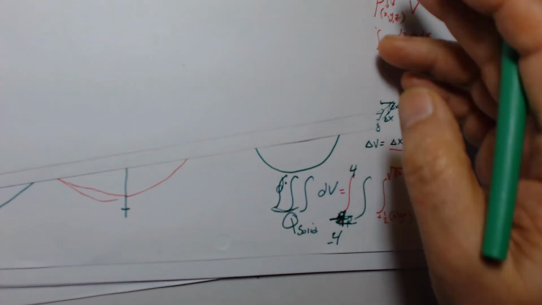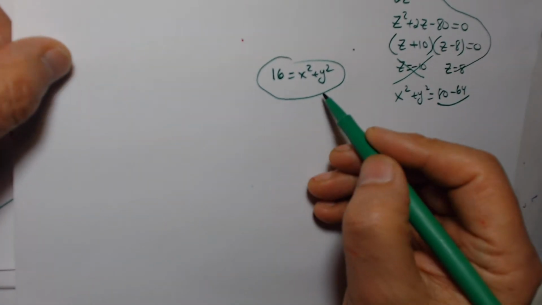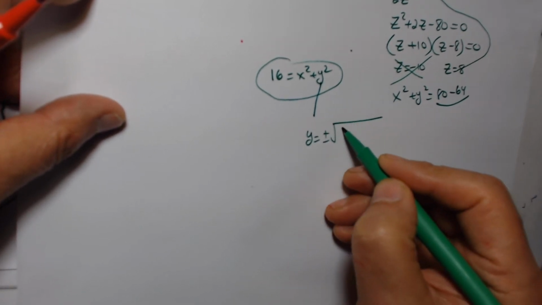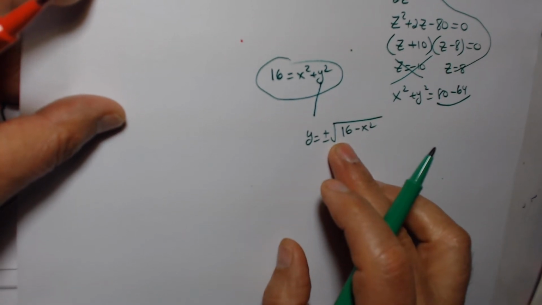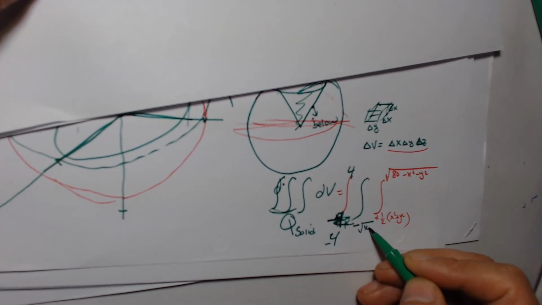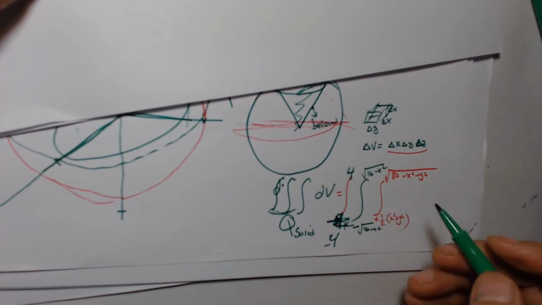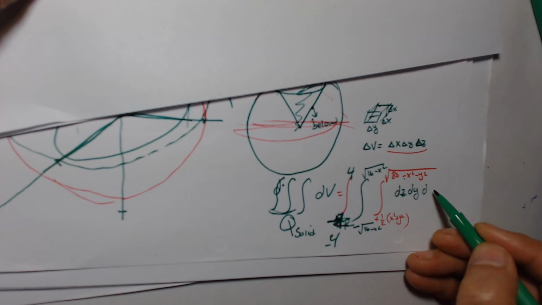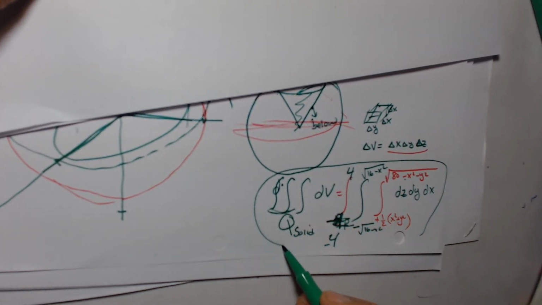But because I made my x fixed, my y must vary. And what is my y? My y is plus or minus the square root of 16 minus x squared. Perfect. And I'm going to consider the whole circle. This becomes negative square root of 16 minus x squared, and this becomes the square root of 16 minus x squared. Then the first one is dz, the second one is dy, the third one is dx. This is the volume of the solid.